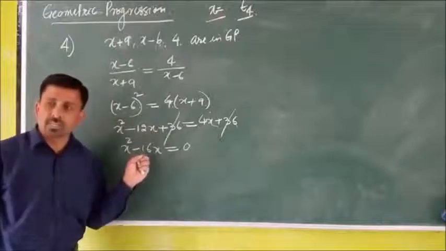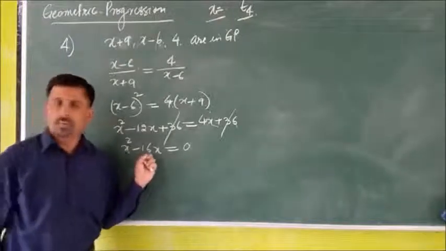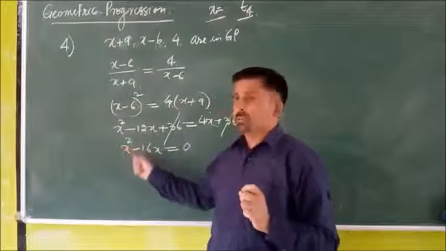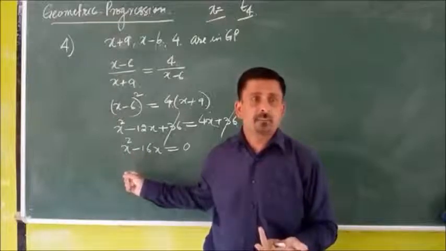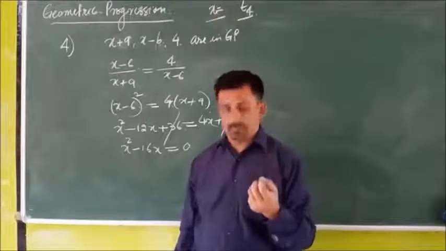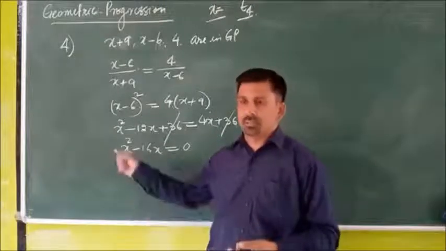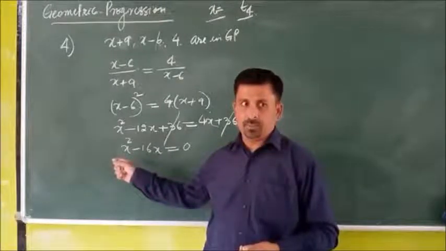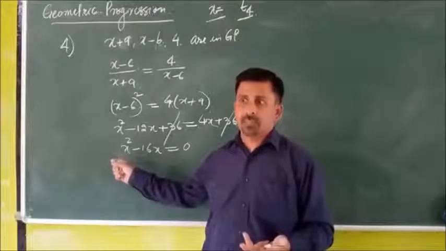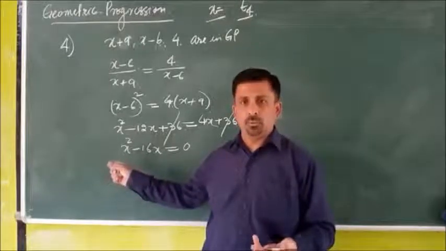What kind of equation is this? This is a quadratic equation. Quadratic equations can be solved through factorization. What method of factorization are we going to use? How many terms are here? Two, a binomial.